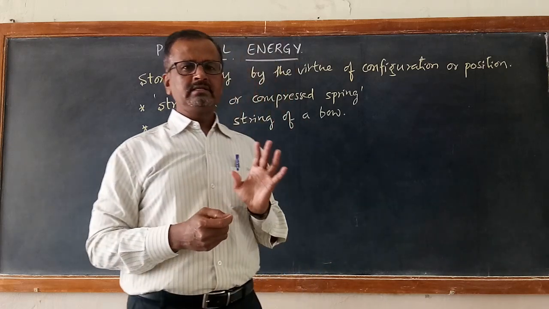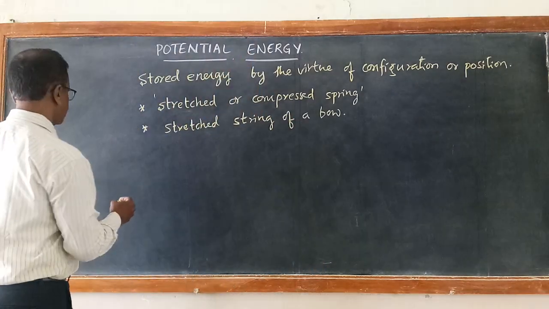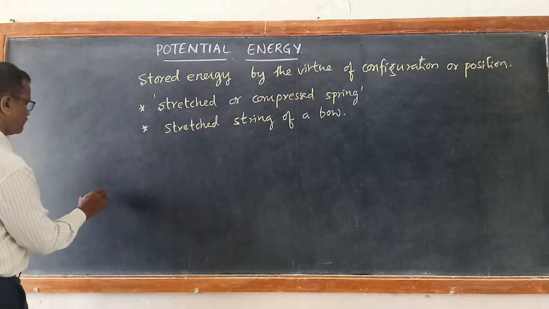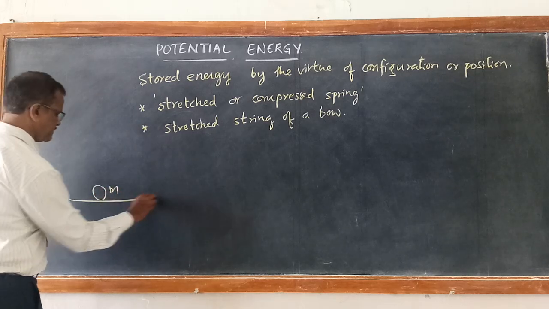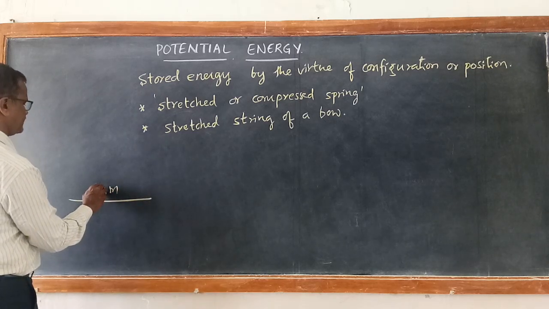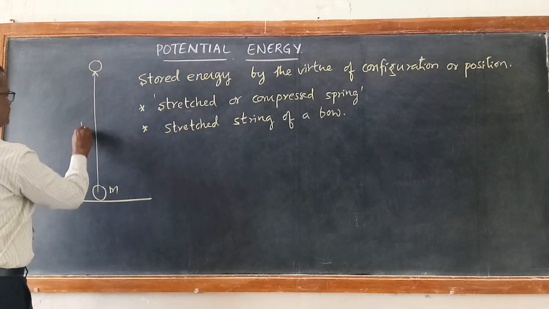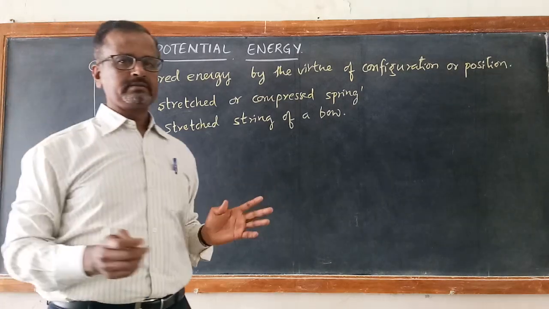Let us consider the case of gravitational potential energy. What is gravitational potential energy? Suppose a body, a ball of mass m, is raised to a certain height h against gravity. The gravitational force acts on the surface of the earth everywhere.